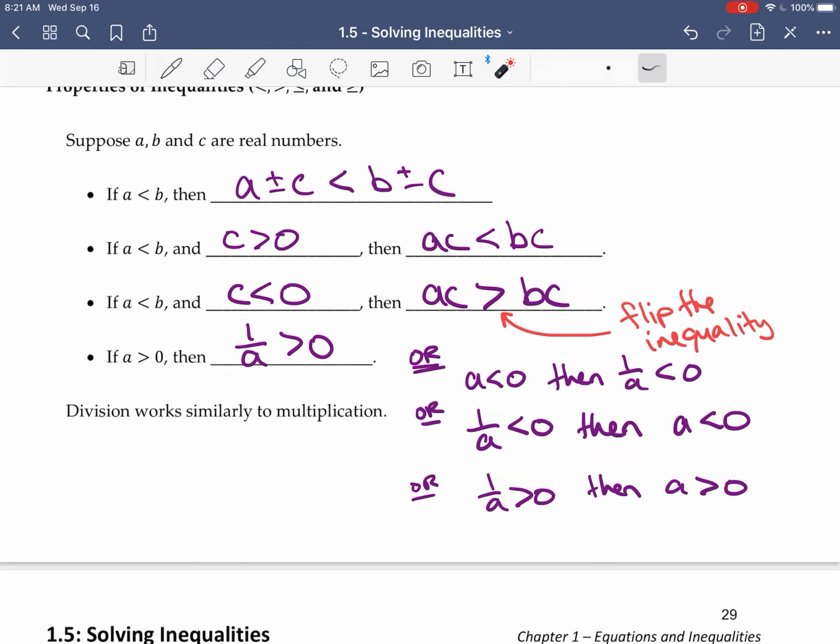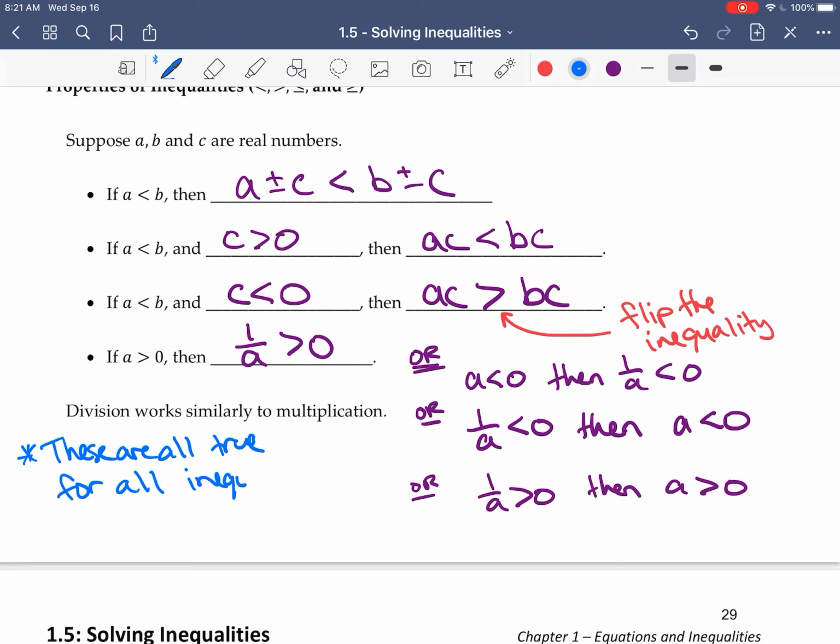Division works the same, and also these are true for all inequalities. We just used the less than one, but they're all true for any of them. So you could replace less than with greater than, with less than or equal, or with greater than or equal. We just did them for one, but they're true for all of them.